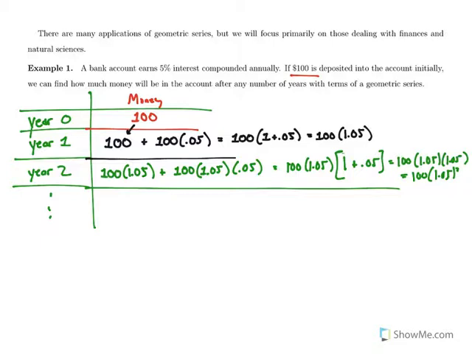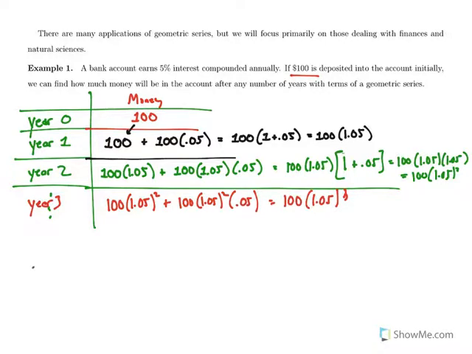So we think about what happens in year 3. We're going to have 100 times 1.05 squared in the account, and we're going to add whatever that is times 0.05, and that's going to be 100 times 1.05 cubed.